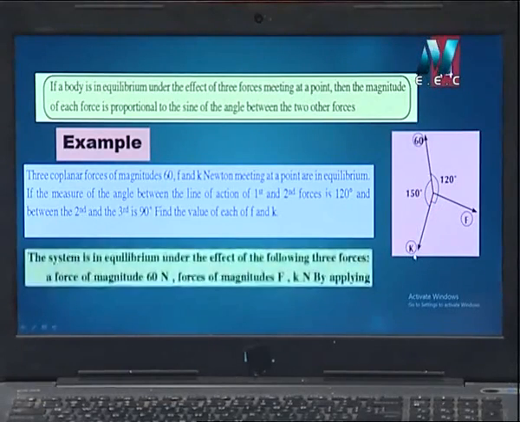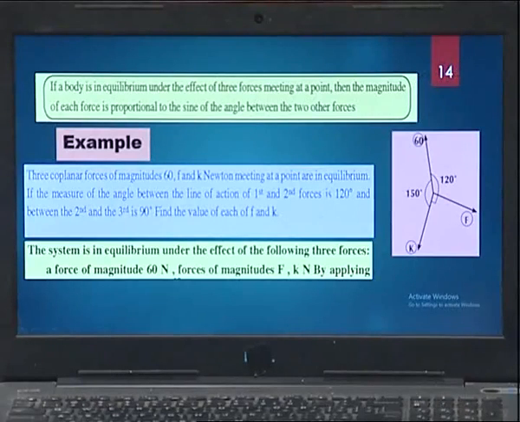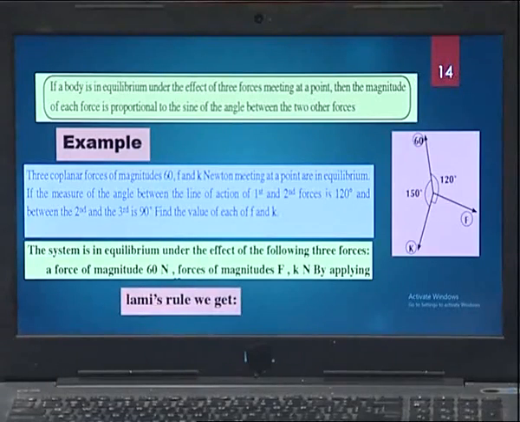So the system is in equilibrium under the effect of three forces: a force of magnitude 60 Newton, and forces of magnitude F and K Newton. By applying what, my dear students? Lami's rule, which is an easy rule for us.